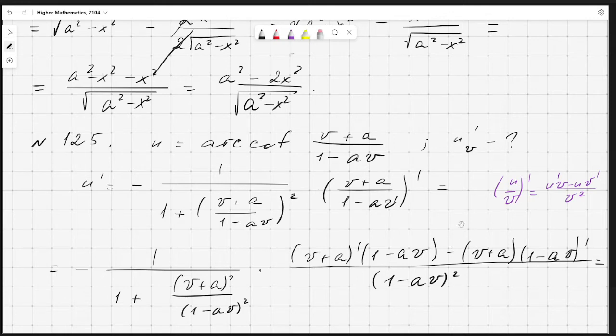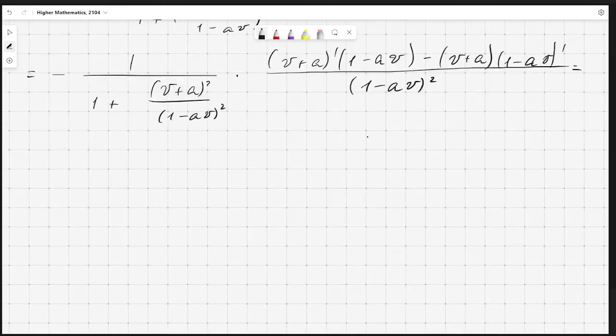I multiply both terms of this denominator by this squared. We can see minus into denominator 1 minus av squared plus v plus a squared.